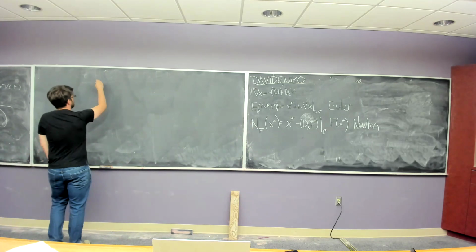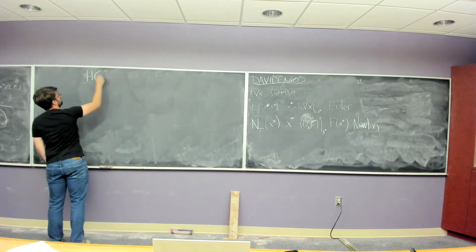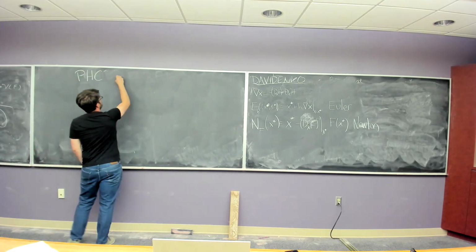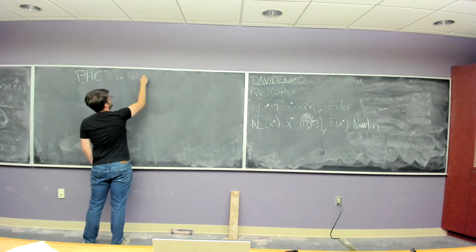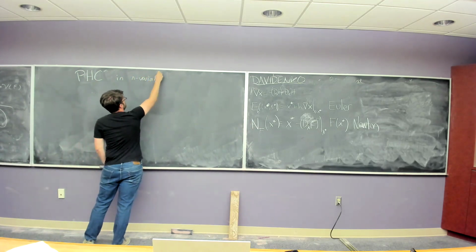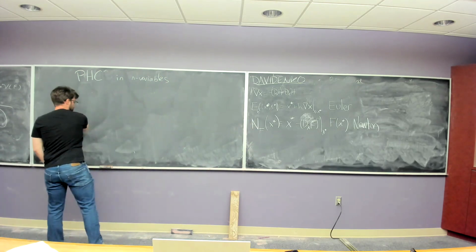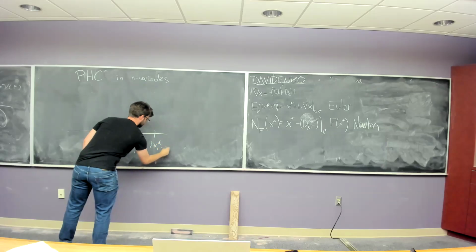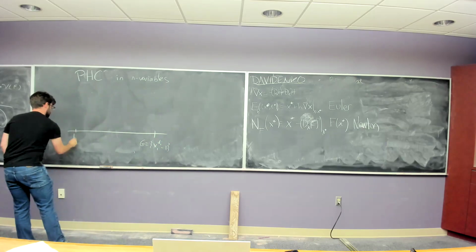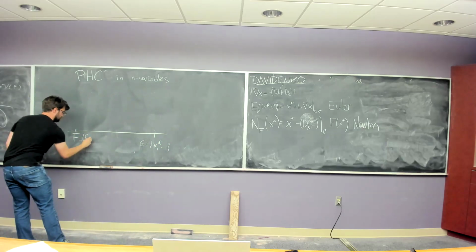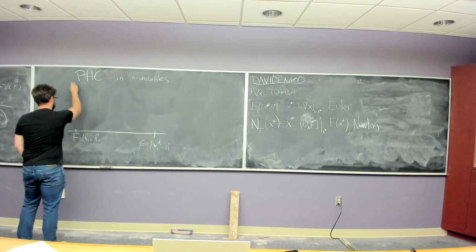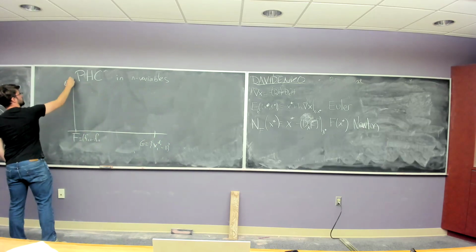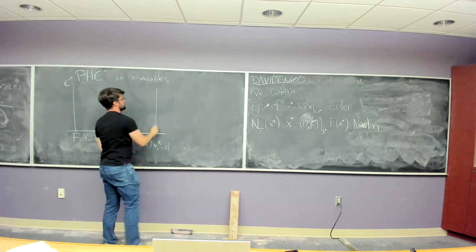So what's the story? So now, polynomial homotopy continuation in n variables. The big picture. Our solution spaces are C to the n.